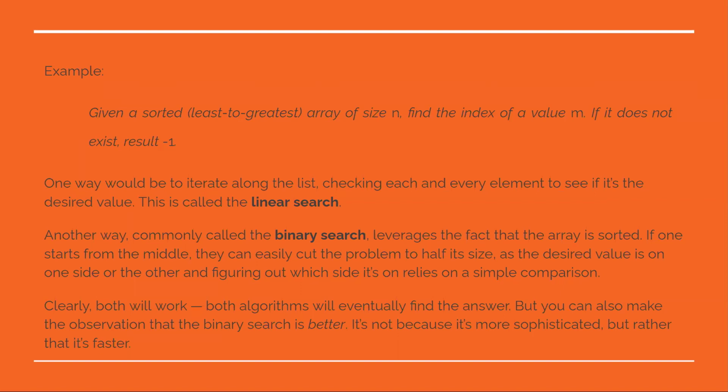Clearly, both will work, both algorithms will eventually find the answer, but you can also make the observation that binary search is better. It's not because it's more sophisticated, but rather that it's faster.